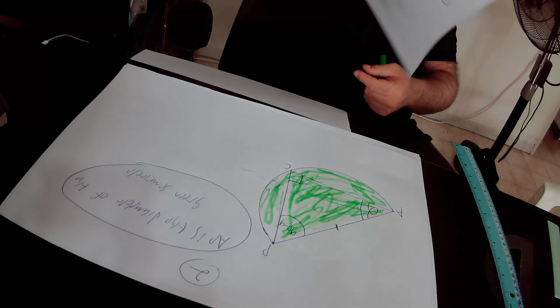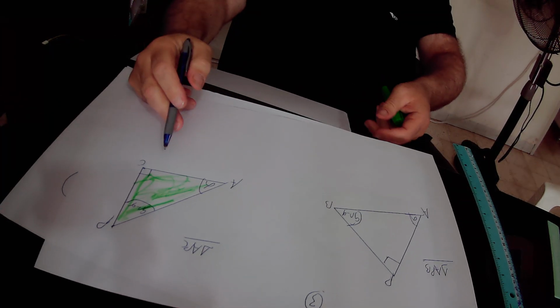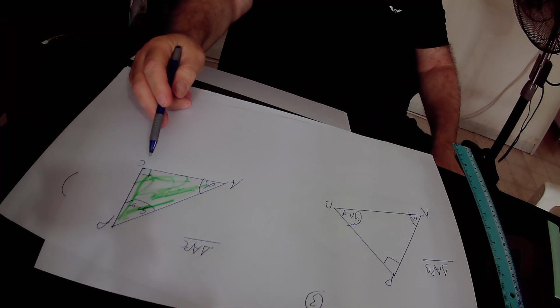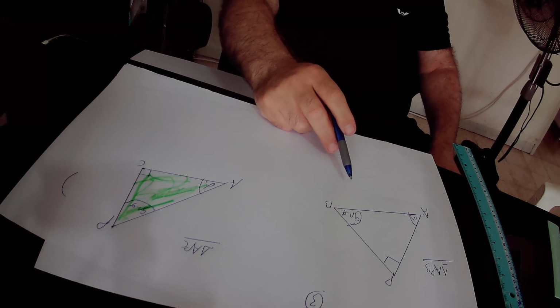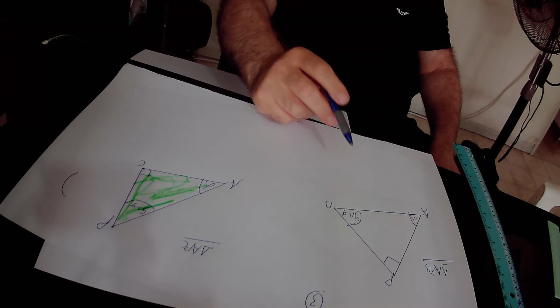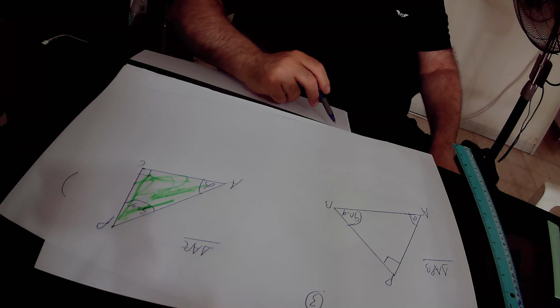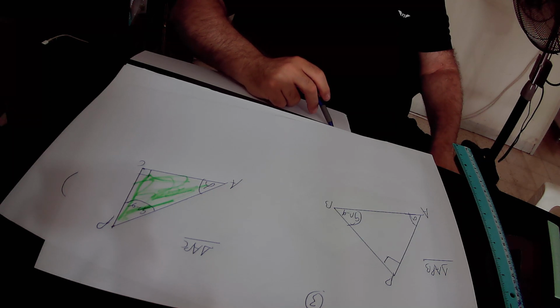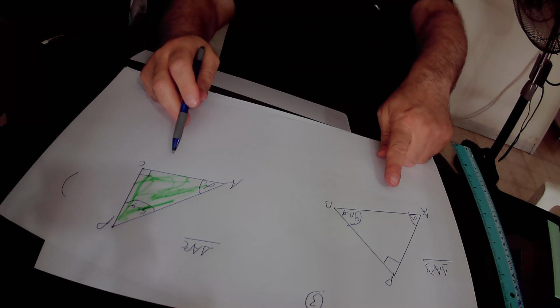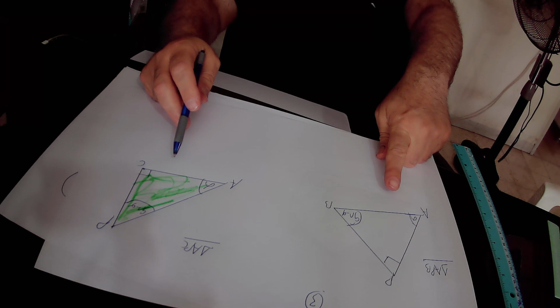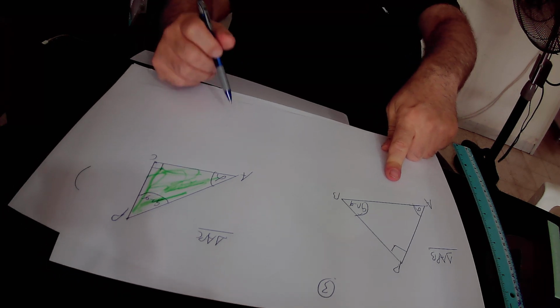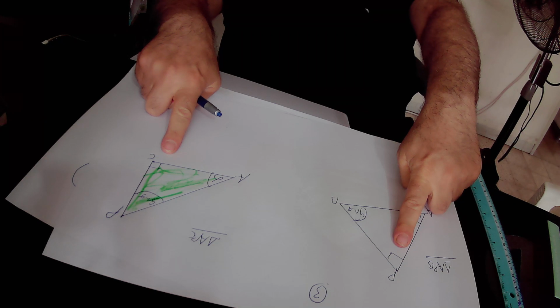So here, this is the right triangle APC, and this is the right triangle APB from the original drawing. Why are those two right triangles similar to each other? First of all, those two angles are both equal to 90 degrees, therefore they are equal to each other.